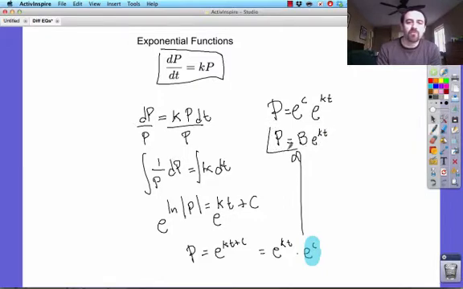Okay. This is the formula you've probably seen for exponential functions before, and we can derive it directly from this notion that all an exponential function is, is taking the amount that we had before and multiplying it by a constant number. That's what exponential means.